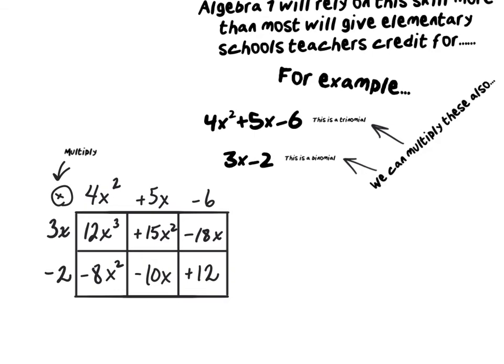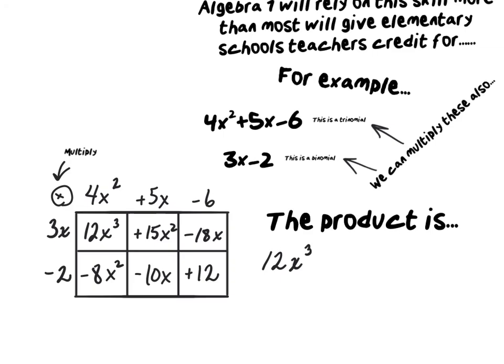And just as you have to do at the elementary levels, you have to take everything that you have in these boxes and add them up also. So the final product is 12x cubed plus 7x squared minus 28x plus 12.